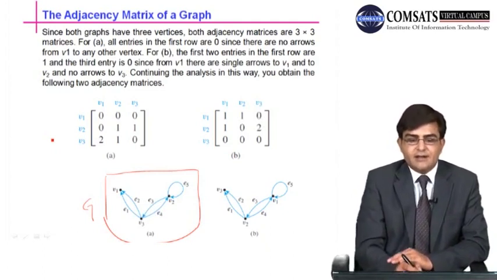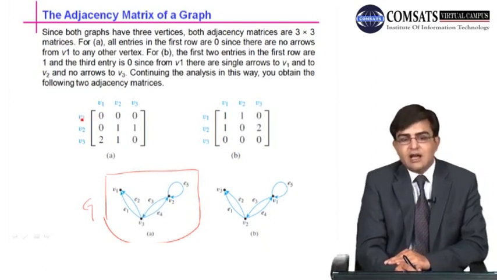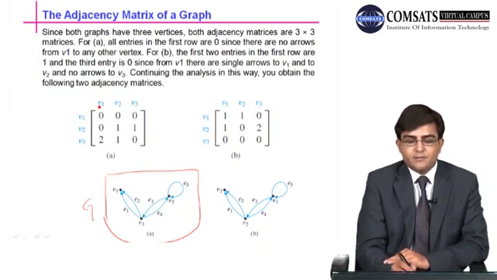How do we construct this matrix? First you write v1, v2, v3 in rows, and then v1, v2, v3 in columns, and then you write a bracket. Then you calculate what the first entry will be. First entry means how many arrows are there from v1 to v1?